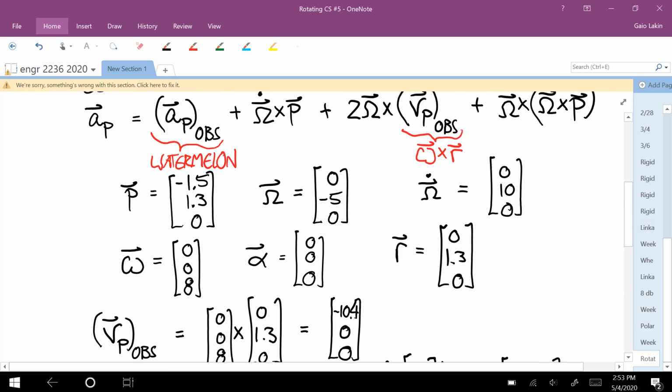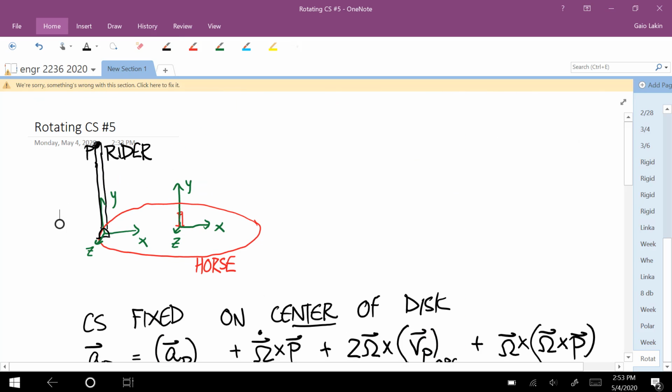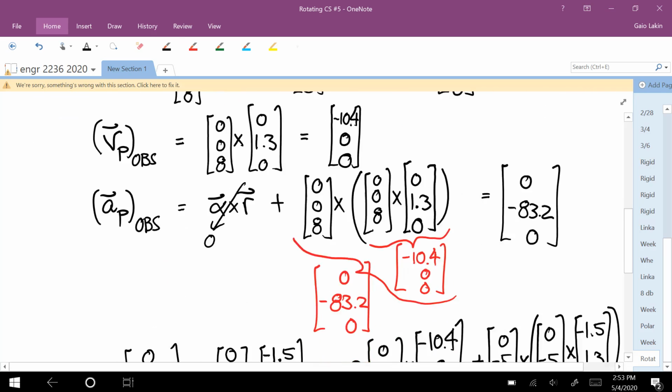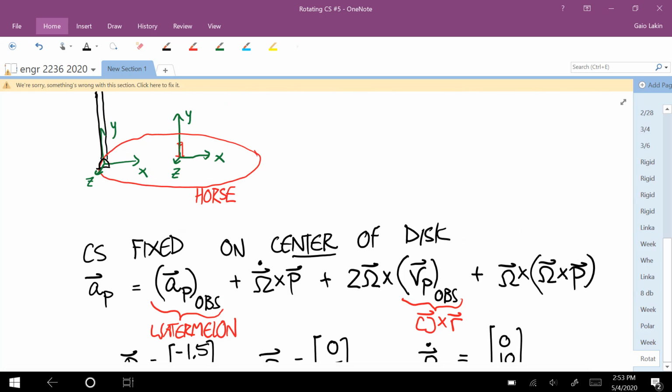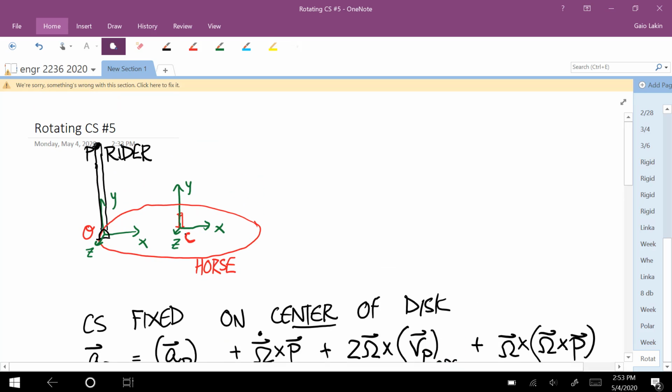But notice now that origin is also accelerating because it's in circular motion around the center of the disc. So we can think of this as, let's name some of these points. Let's call this point C, the center of the disc, okay? And I'm going to call this the origin, O. And then we have P.